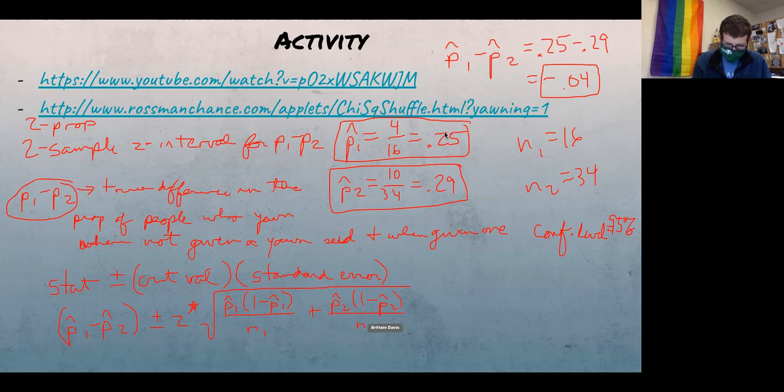And it's not n squared, sorry, n sub 2. So we've done this enough that hopefully the standard error calculation for proportions is something that you recognize well enough. But now what we're going to do is combine two variances together under the same radical.